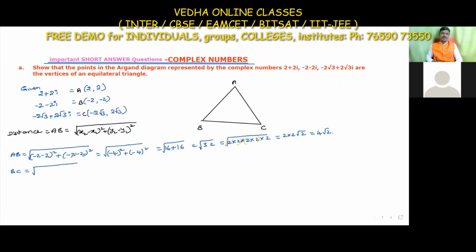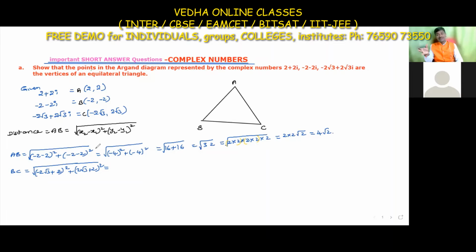BC is equal to the square root of (minus 2 root 3 plus 2) whole square plus (2 root 3 plus 2) whole square. Here, observe a plus b whole square plus a minus b whole square. What is the formula? A plus b whole square is a square plus b square plus 2ab, and a minus b whole square is a square plus b square minus 2ab.